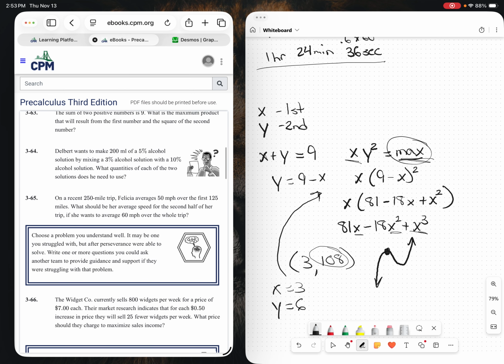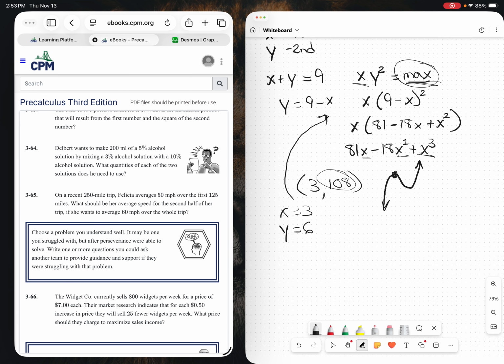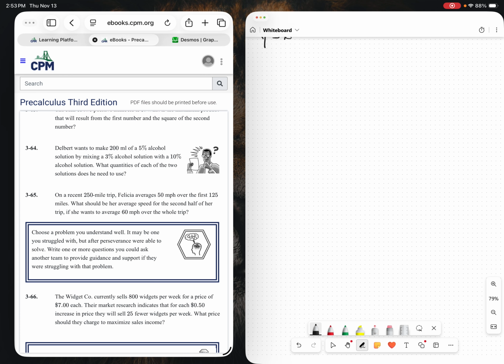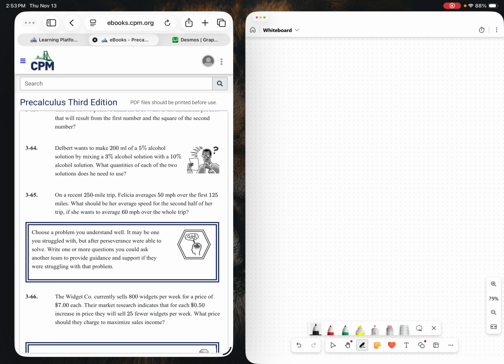So the next one here, we're making a solution, right? So we have 200 milliliters of 5% solution. Okay, so we take that, and we have a 3% solution to use, and we have a 10% solution to use.